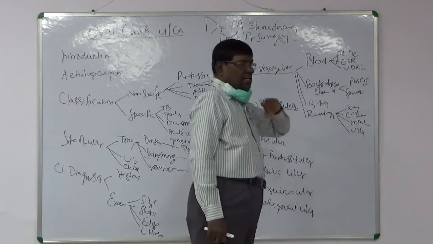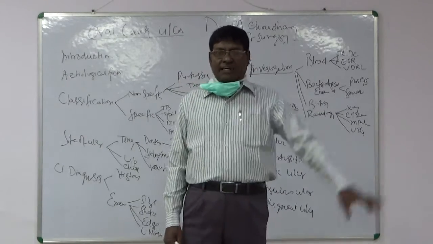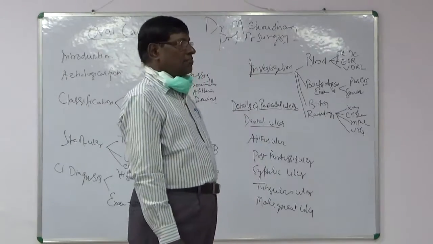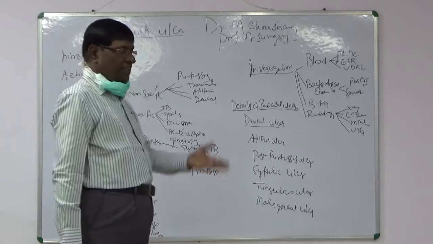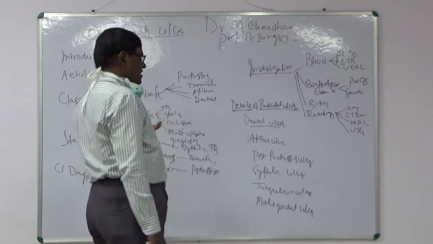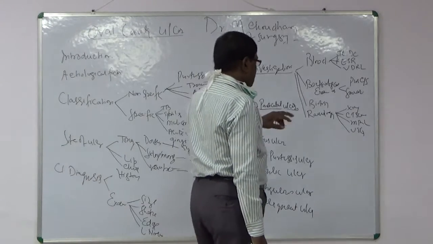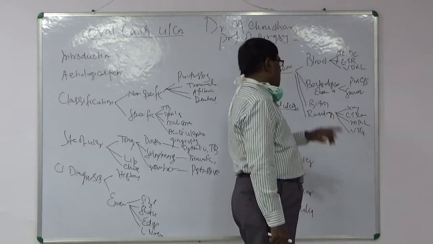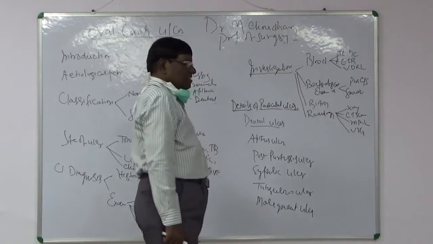in case of the syphilitic ulcer, the Treponema pallidum, the causative organism of syphilis, which will be seen like silver threads in the bacteriological examination of the smear.